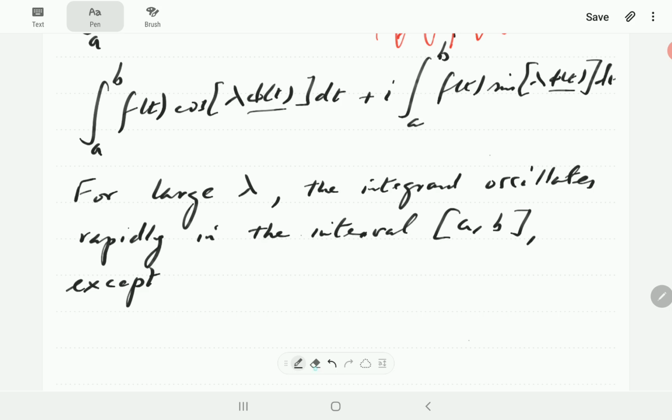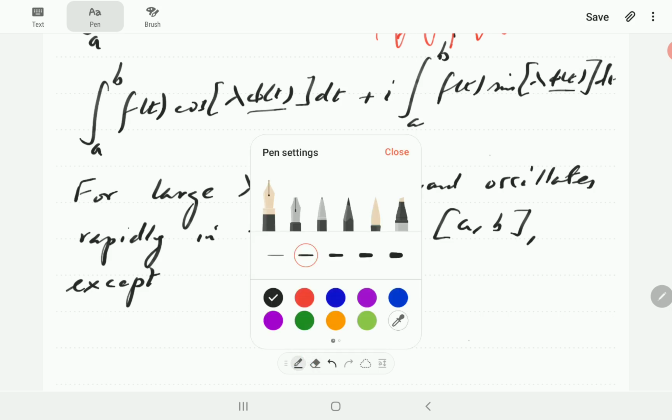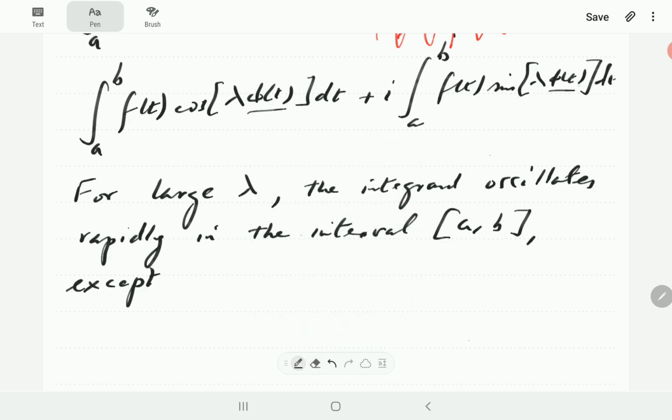So these oscillations are going to be rapid wherever phi is also changing rapidly, but in regions where phi is not changing rapidly, the oscillations are not going to be rapid as well.